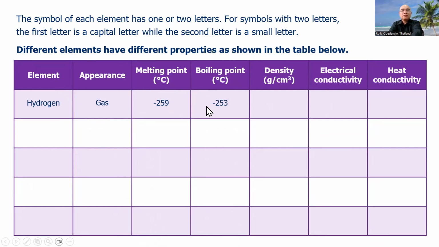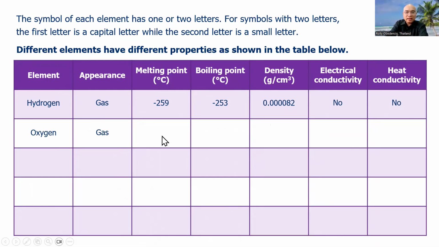The boiling point is minus 253 degrees centigrade. Density is 0.000082 grams per cubic centimeter. The electrical conductivity, no. Heat conductivity, no.